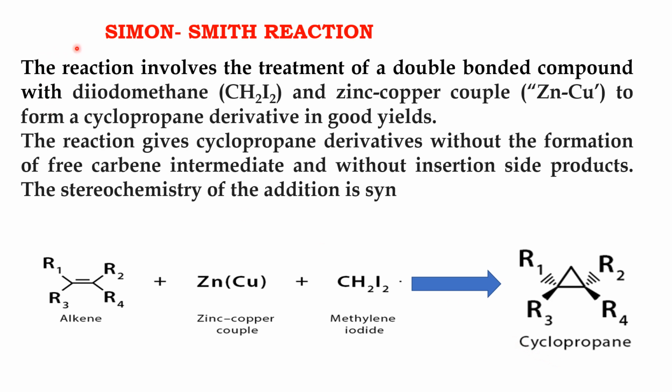This particular reaction is called the Simmons-Smith reaction. That means in the Simmons-Smith reaction there should be an alkene and diiodomethane in the presence of zinc-copper couple to give a cyclopropane derivative molecule.